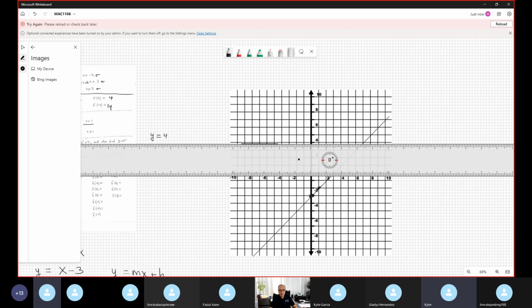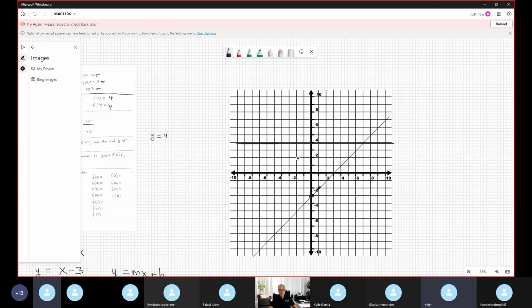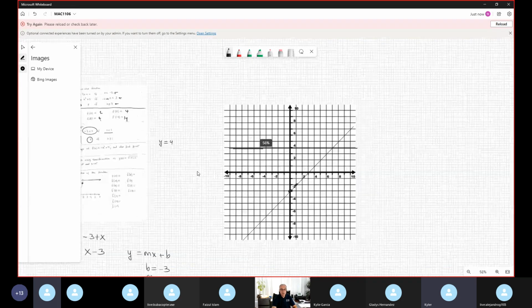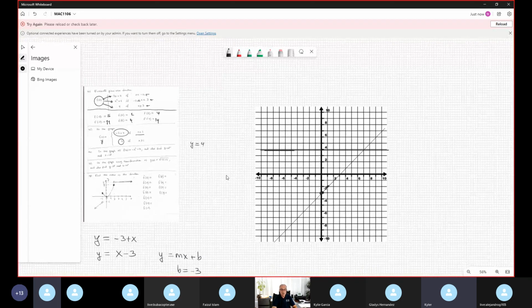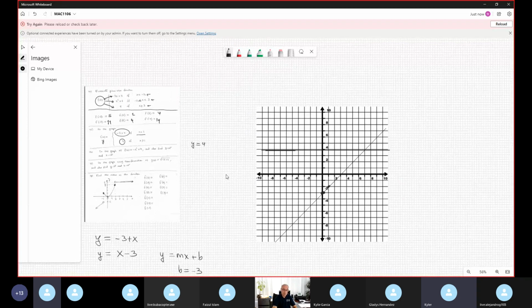No. A little bit up. Much better. This is the line y equals 4, no? Horizontal line. Cool. So the only thing we are doing so far is the graph of the two pieces of the piecewise function, but separately.